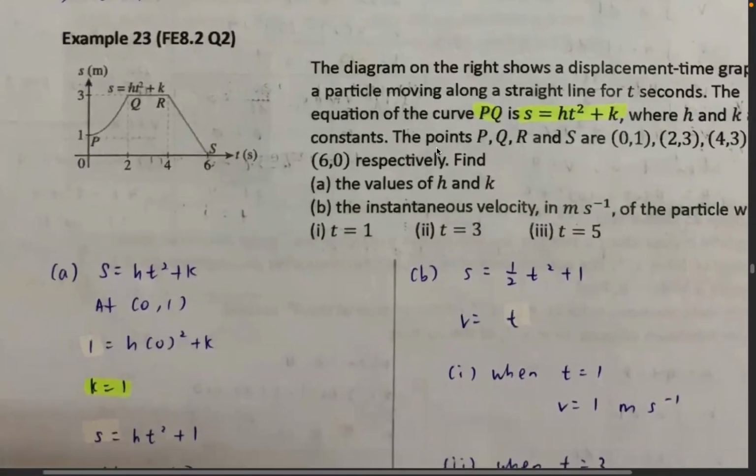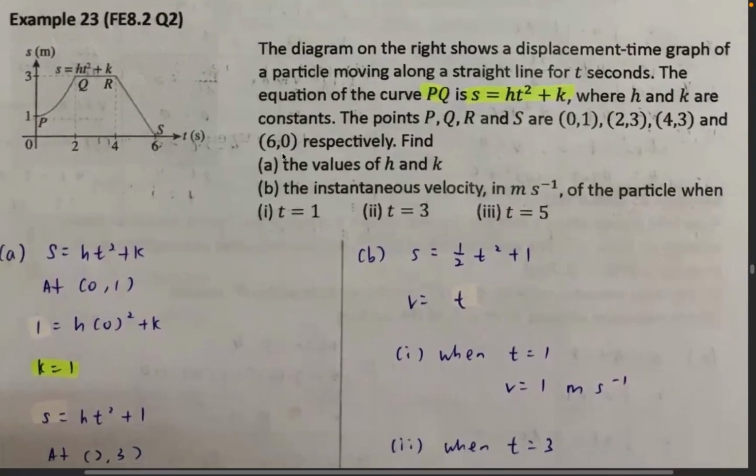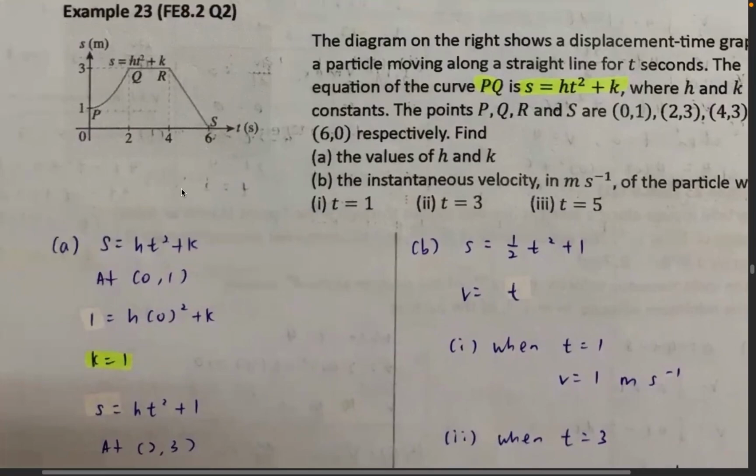Then let's check. The points P, Q, R, and S are given. Find the values of h and k. So we have S equals ht squared plus k. For this part of the graph, there are two different points here. This is (0, 1), and this is (2, 3). So we just have to substitute both points into the equation.